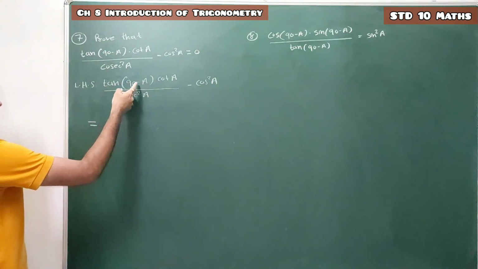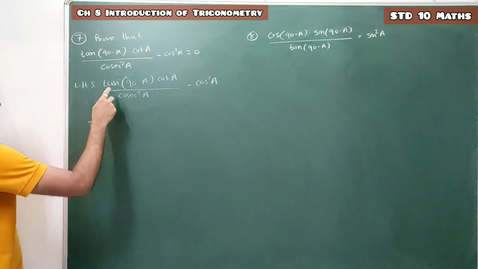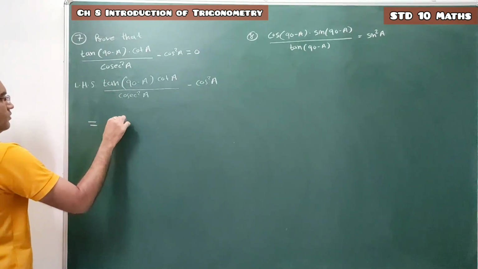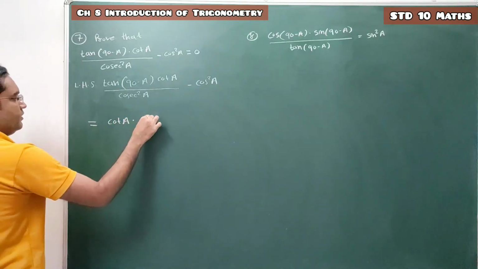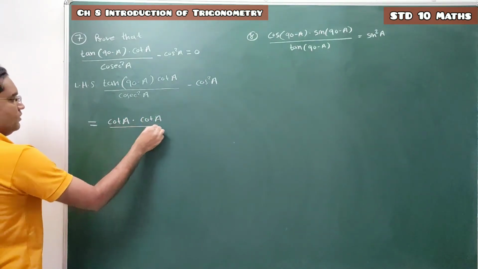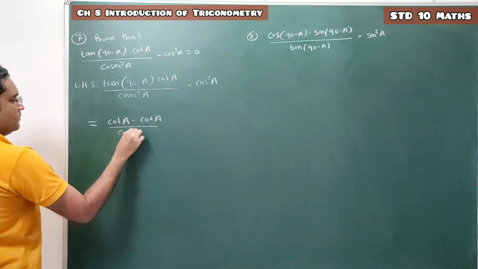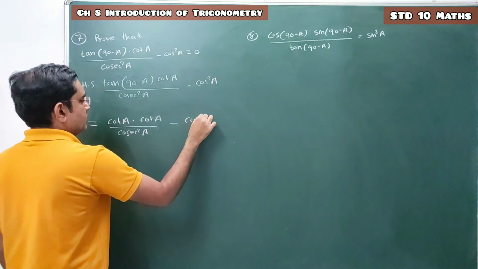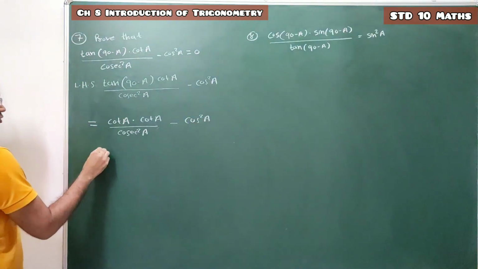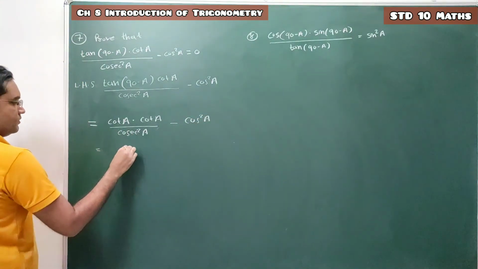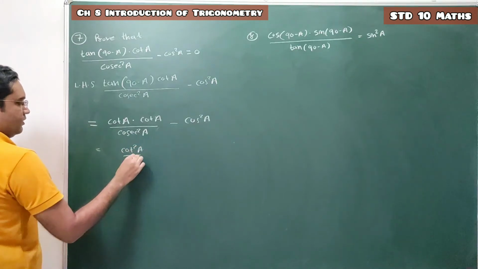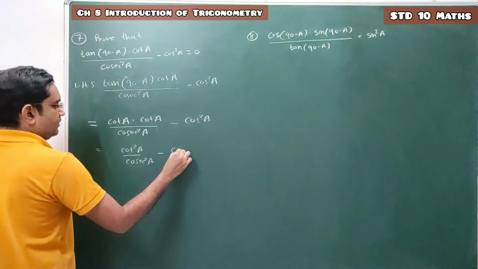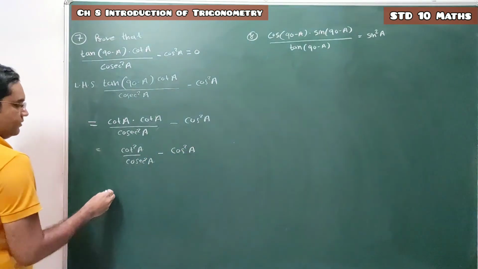If we subtract theta from 90, we get the complement of tan. So the complement of tan is cot A. Cot A into cot A upon cosec square A minus cos square A. Cot A into cot A, cot square A, cot square A upon cosec square A minus cos square A.